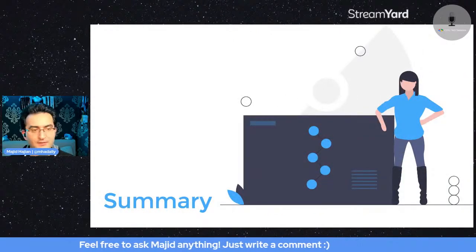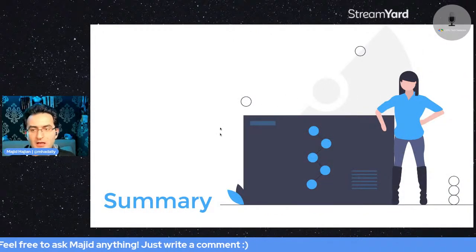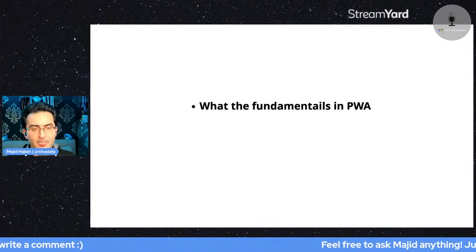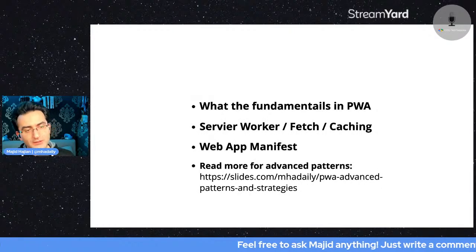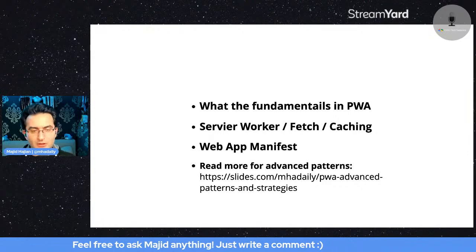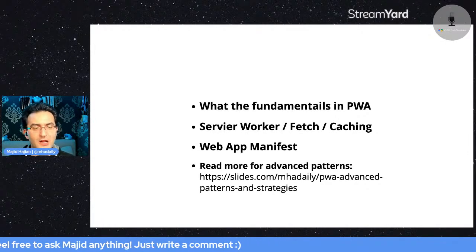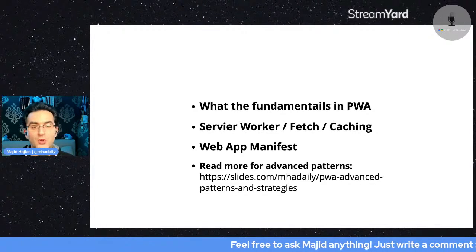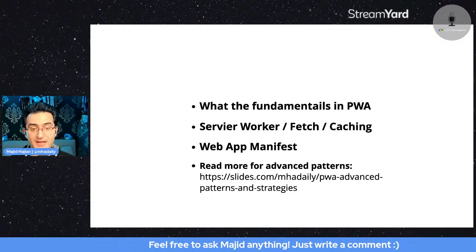Let's have a quick summary, and then I'll let you ask me any technical questions. First of all, we quickly wrapped up PWA fundamentals, and then we quickly went through Service Worker, how it works, what the different stages of the Service Worker lifecycle are, and also talked about fetch and different cache strategies.